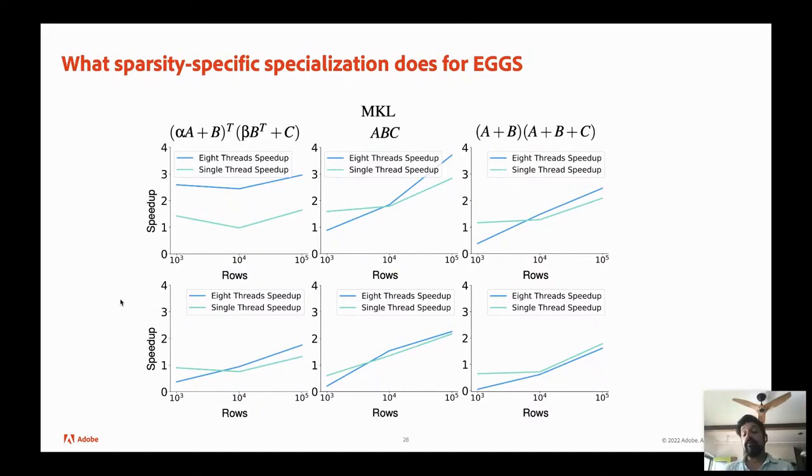I would say that for the most part, the savings here come from two different places. One is saving in memory bandwidth because we're loading fewer indices, we're avoiding redundant work, and the other is also from more efficient compute. Mostly that is just not computing things that we're not going to store.